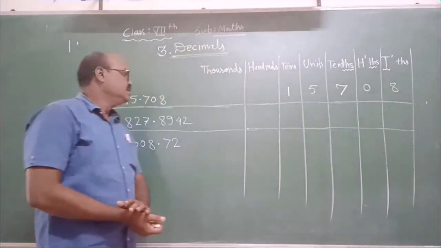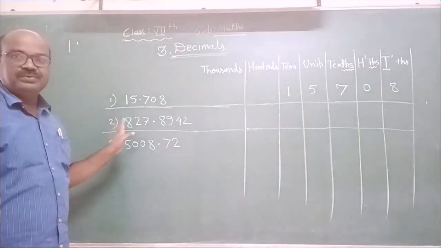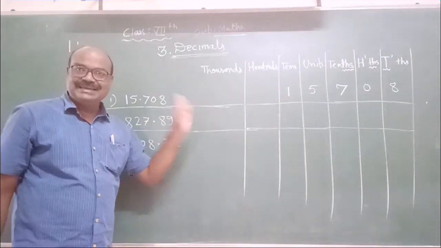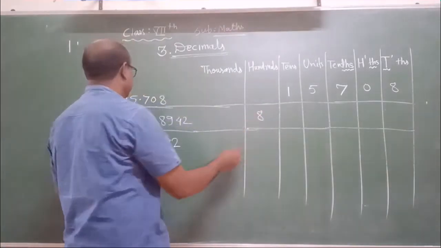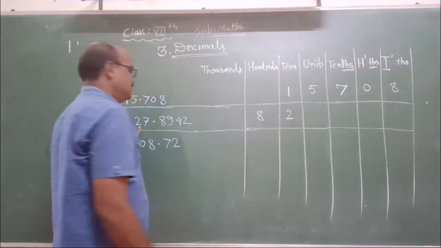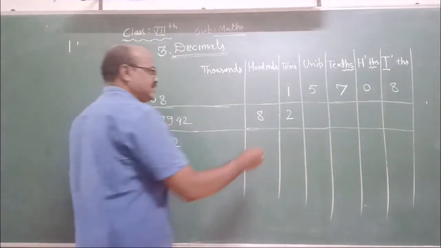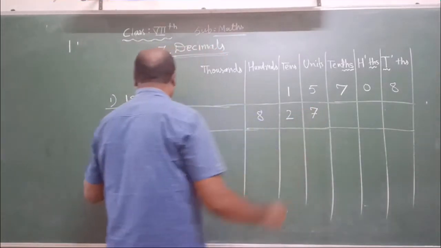Now similarly, if we categorize each of the digits of the second example, 8 is at hundreds place, 2 is at tens place, 7 is at units place.